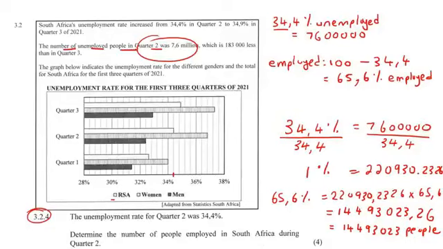So to get this to 1, I wanted to know in 1% how many people there would be. Because then if I have 65.6%, I can just multiply that by 65.6. You might have to pause and just think about that a bit, but I hope that you understood that one. Okay, and so that's the end of that question.